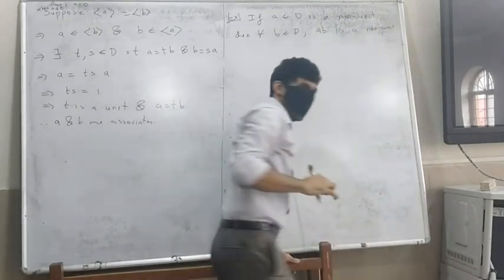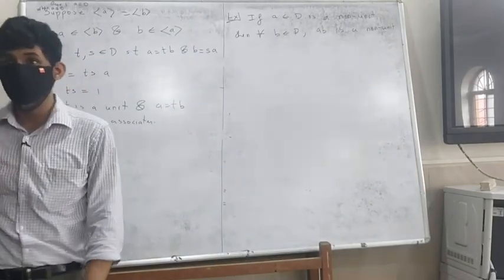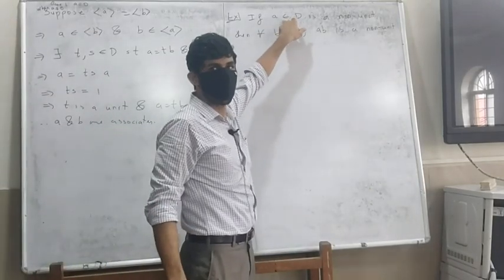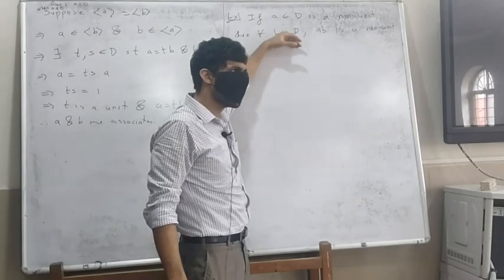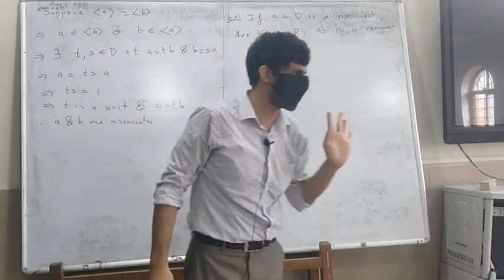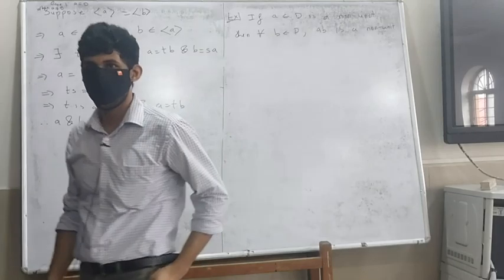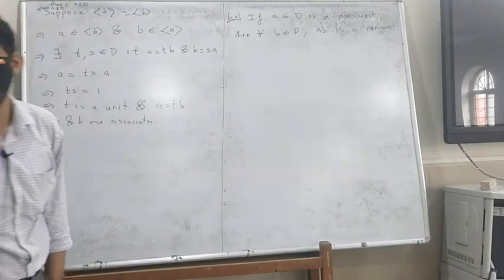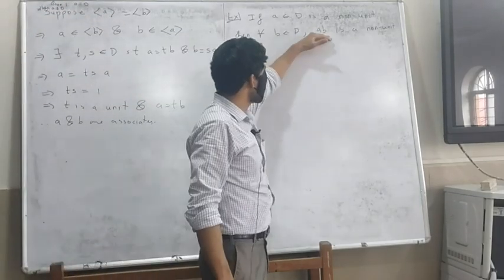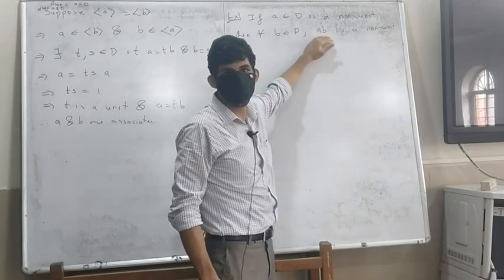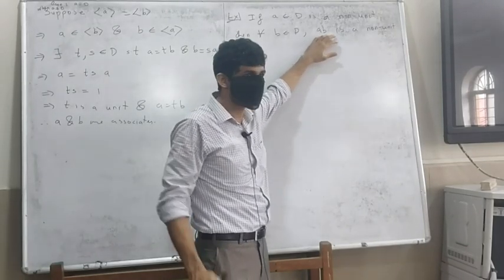Anyone can see why? If this is not a unit, then you multiply anything to it, it cannot be a unit. Why? Suppose this is a unit, that means it has an inverse, say x.